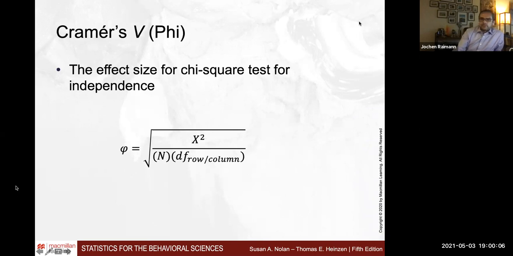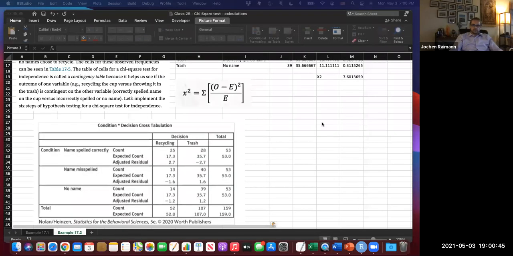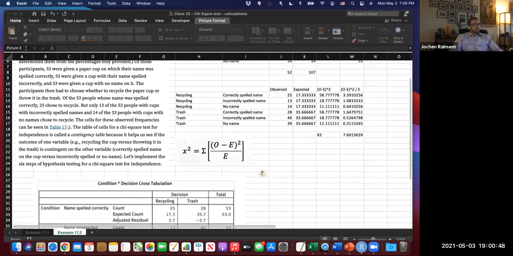And as you know, there's always an effect size to be calculated, and this effect size is dependent on your chi-squared, on your sample size, and on your degrees of freedom, either row or column, whichever is smaller. Because you want a very conservative estimate of the effect size, right? So whichever is smaller is what you will use for the multiplication with the sample size in the denominator. So your effect size for our example here is now, let's bring that over.